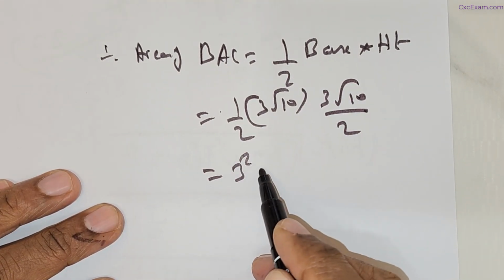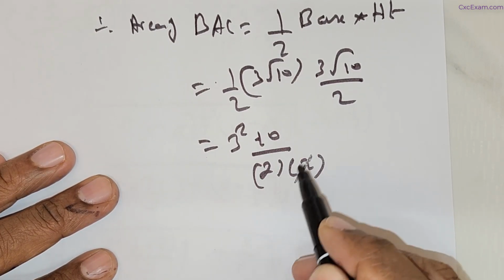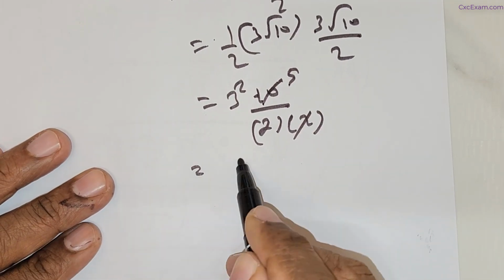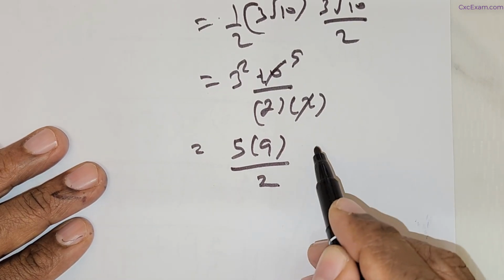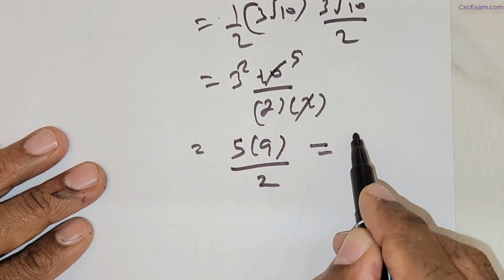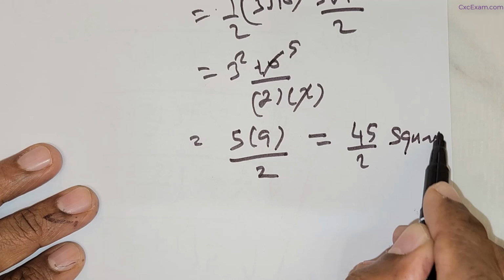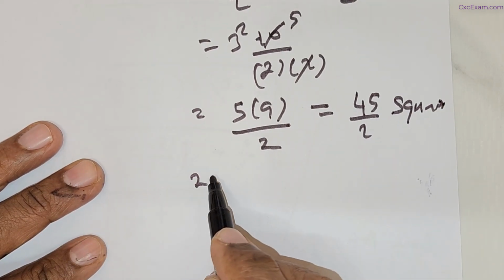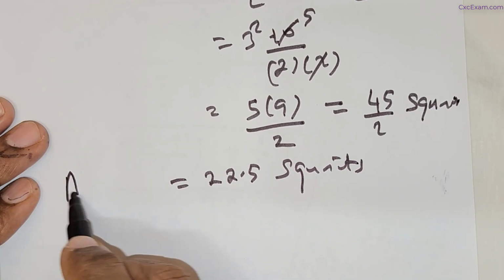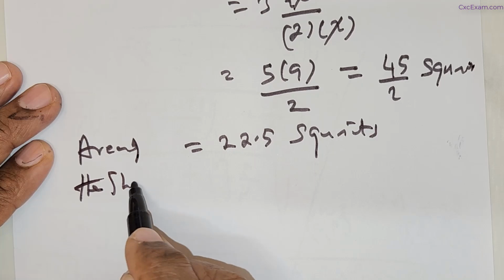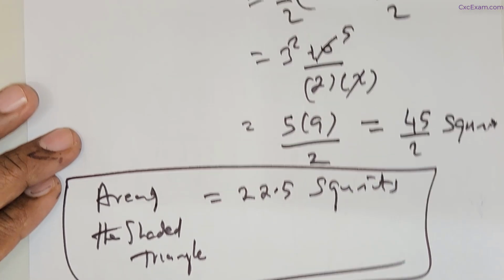So this is going to give me 3 squared, root 10 into root 10 is 10, divided by 2 into 2. 2 divides 10 5 times. So 5 times 9 divided by 2. So this is going to be 45 over 2 square units, or 22.5 square units. So this is the area of the shaded triangle. So that's the solution for this question.